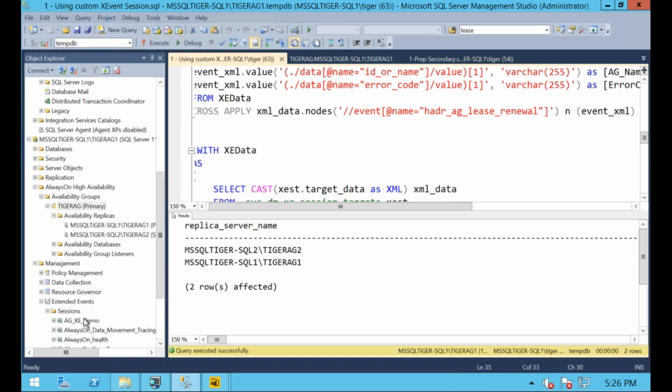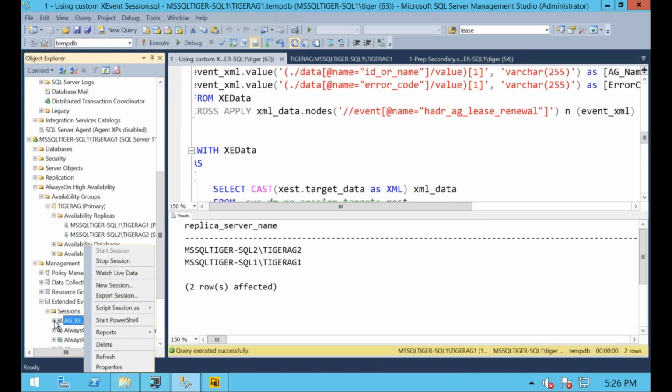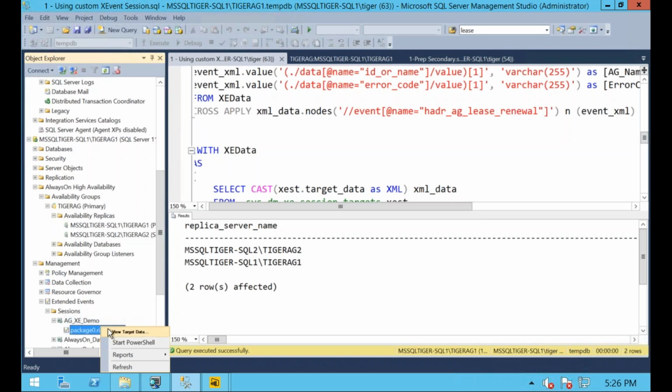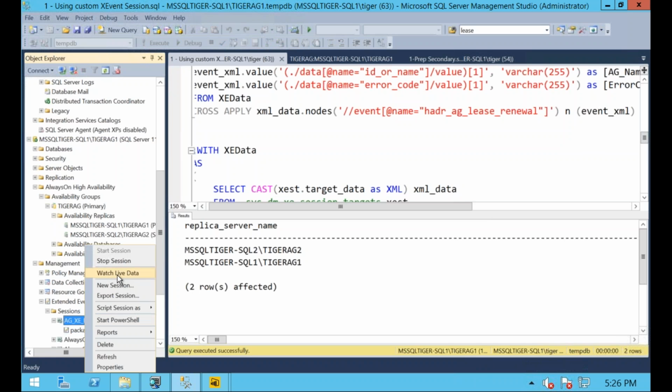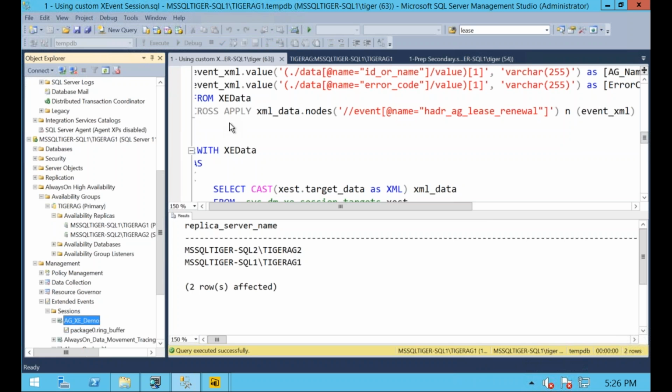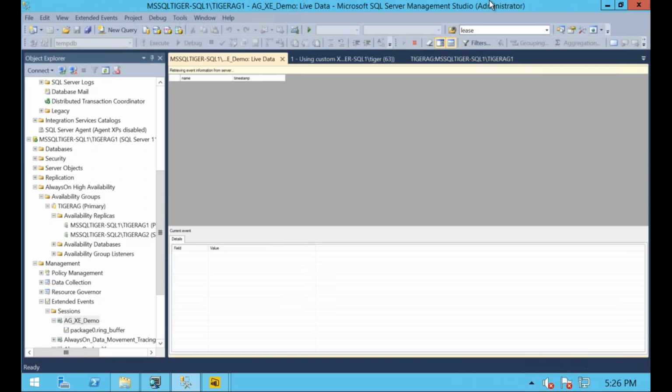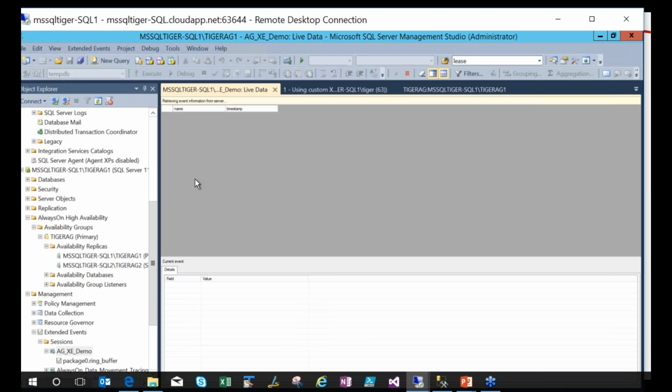Now I can open this up in Management Studio as well, and I can look at my data. So I can choose to get this information available in a Power BI window. Once the buffer gets populated, it would show up this information over here.